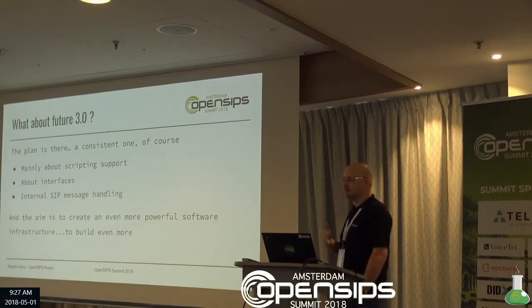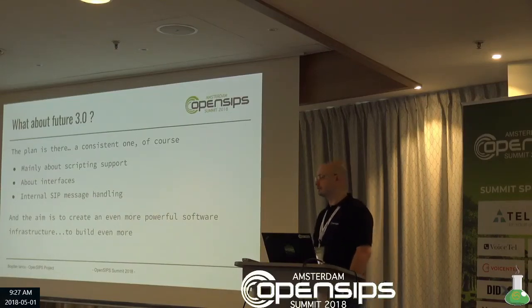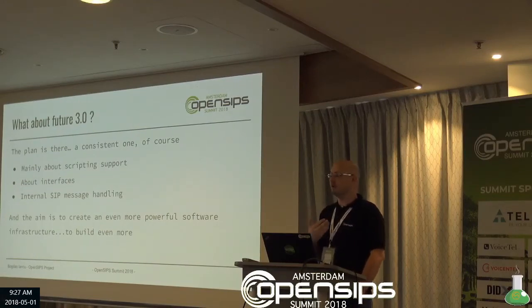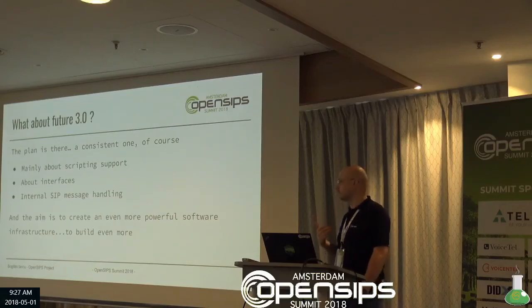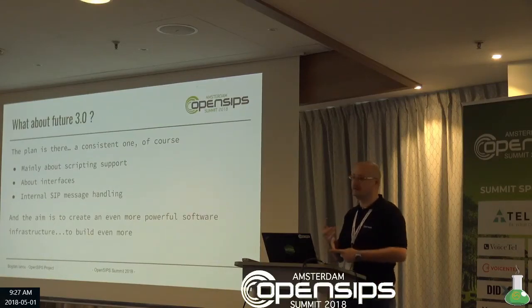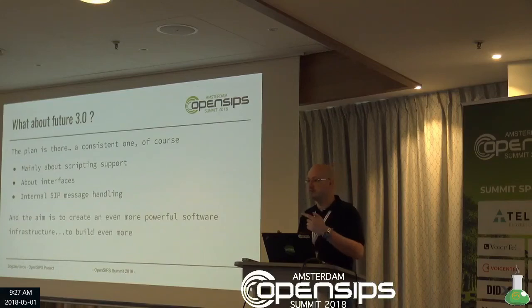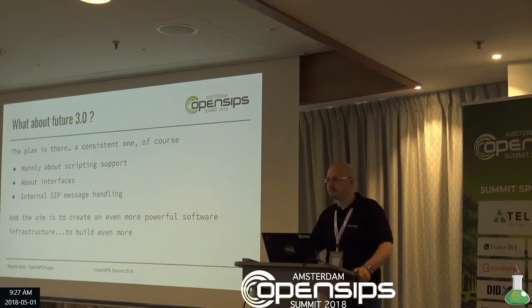to have a clear separation between what's actually the transport layer versus how the data is encoded. The plan right now, I'm not sure that it will be the final one, but the plan is to support only JSON encoding for whatever transport you may have. So currently you have the FIFO, you have datagram, you have MI JSON.